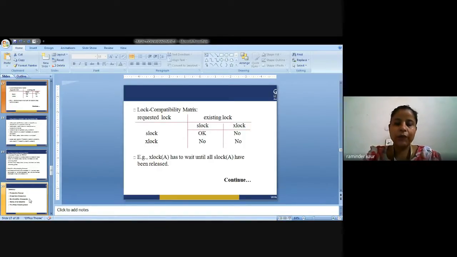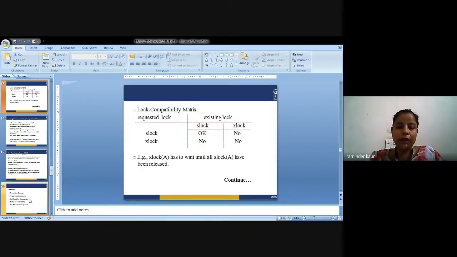So consider, for example, a banking system. Let's say A and B are two adjacent accounts accessed by the transactions T1 and T2.